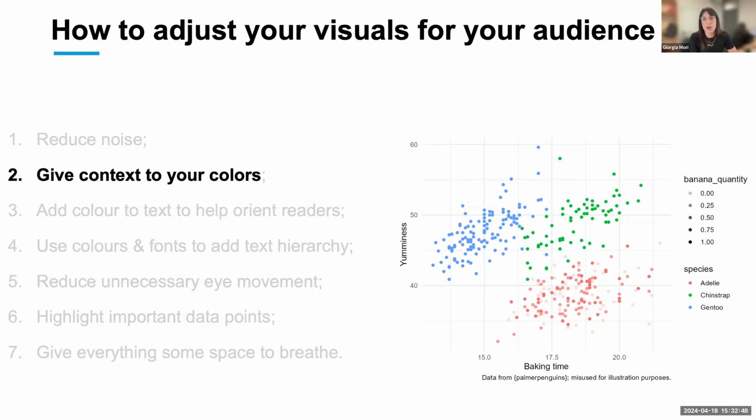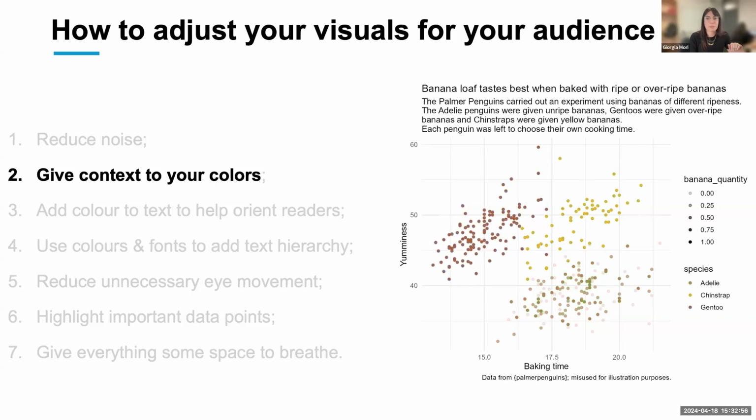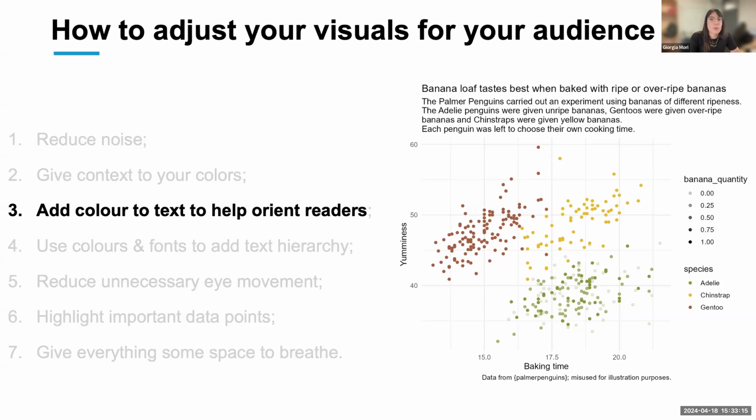Just changing color of the dots, you can already make the story a bit more memorable, as we've seen before. You can basically see if we change the color, the green bananas do not make tasty cakes. That's the lesson that we're learning here. And to add more context, we have added a title and a subtitle, and this will prevent your audience questions about what exactly they see. We can also add some color to the text.